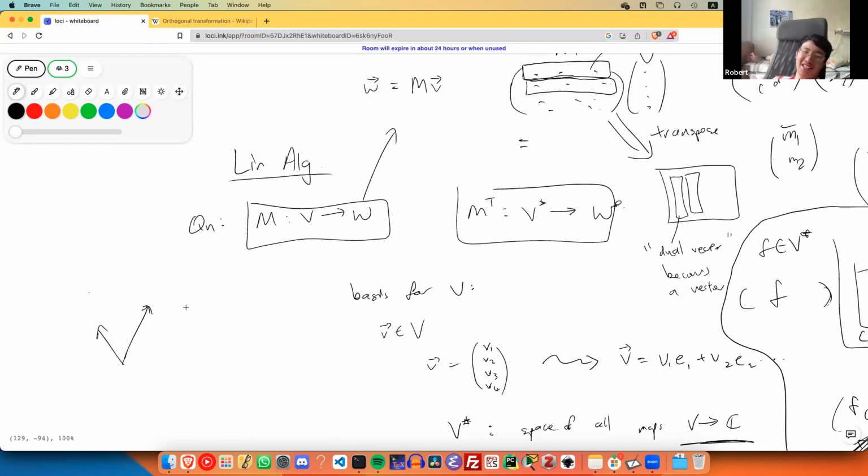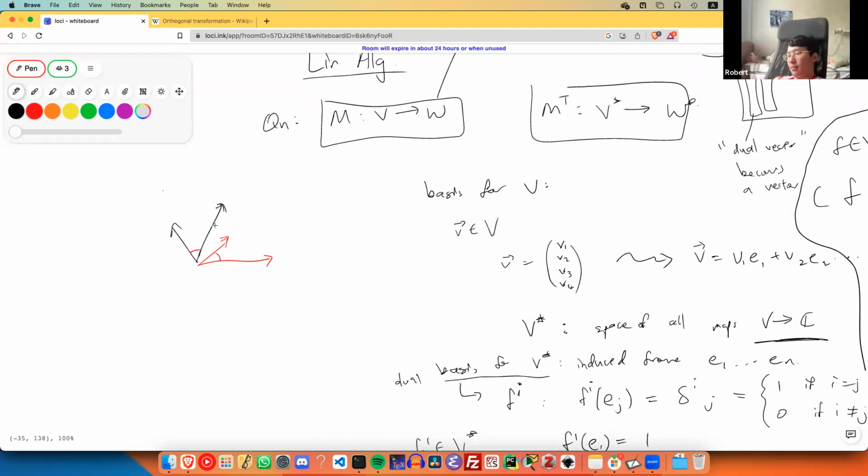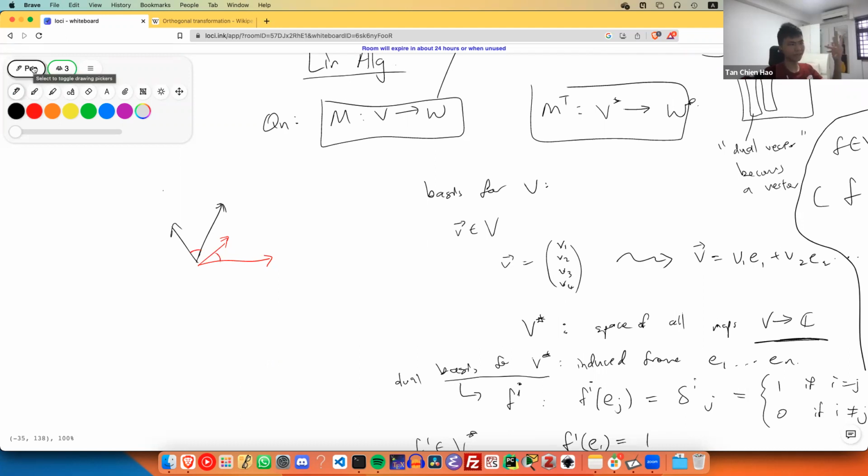If you consider a linear transformation that maps one vector to a new vector, preserving the inner product means the angle between them doesn't change. So in some sense, it's a linear transformation that preserves angles, which corresponds to a rotation of the basis.